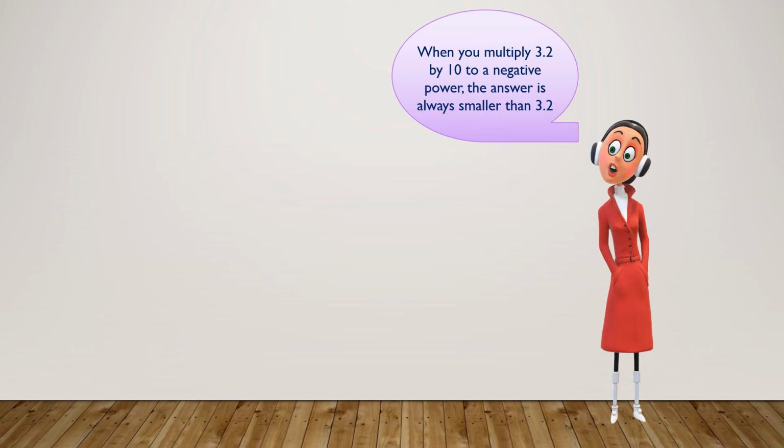Let us see. So 10 to a negative power, let us choose the smallest number, which is 1, and multiply it by 3.2. So 10 to the power of negative 1 is the same as 1 over 10, because 1 is divided by 10, which gives us 1 over 10. And we multiply that by 3.2.